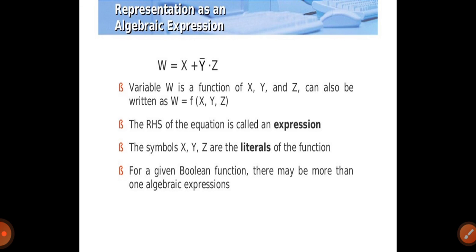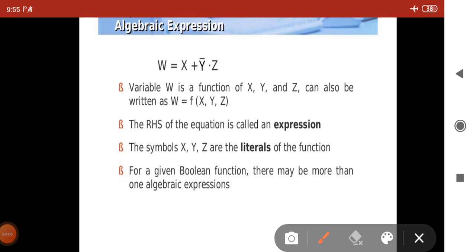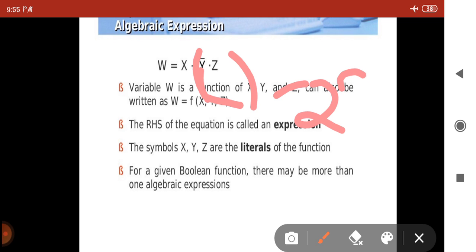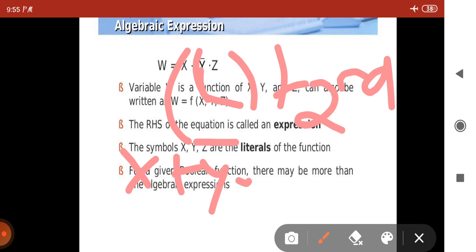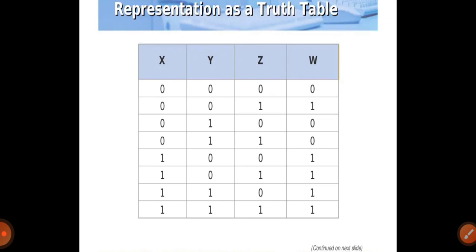We can take y bar first, and next is y bar into z. Next is x plus y bar into z. We have to do it stepwise. First precedence is given to y bar, then second, third is x plus y bar into z. This is the way to form the algebraic expressions.